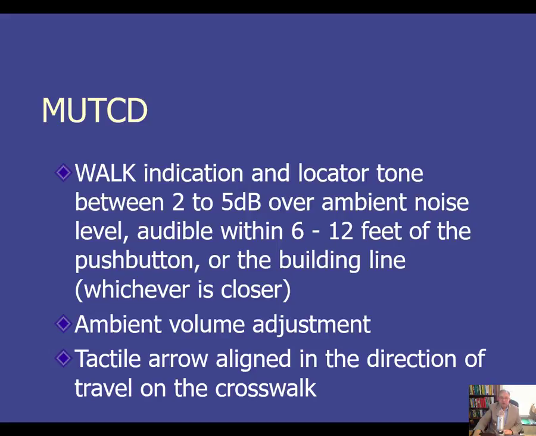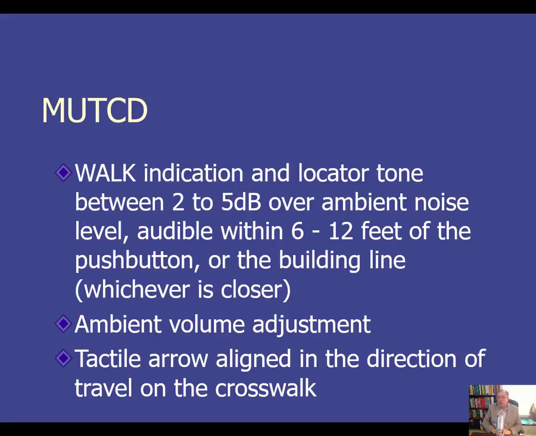So the MUTCD has certain specifications, and I think these are really important to note. The walk indication and the locator tone should be between 2 to 5 decibels above the ambient noise level. It should be audible within 6 to 12 feet of the push button. If it's audible much farther away, it's too loud.